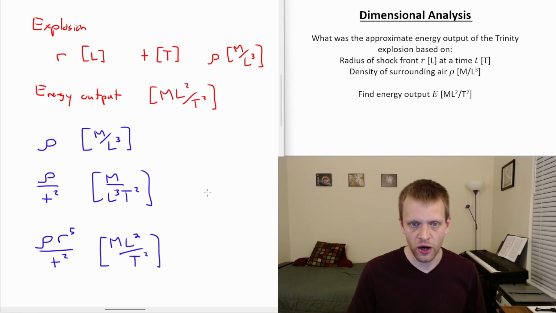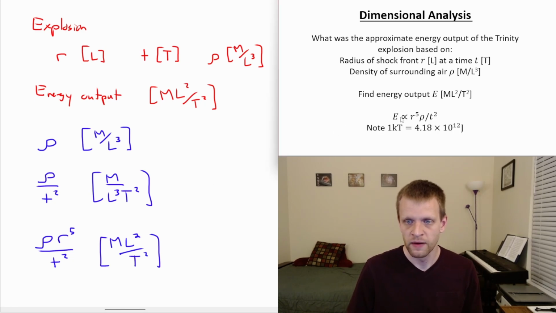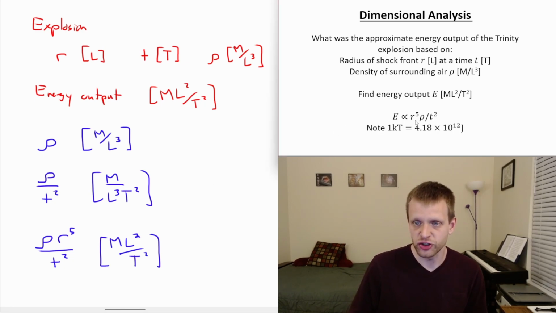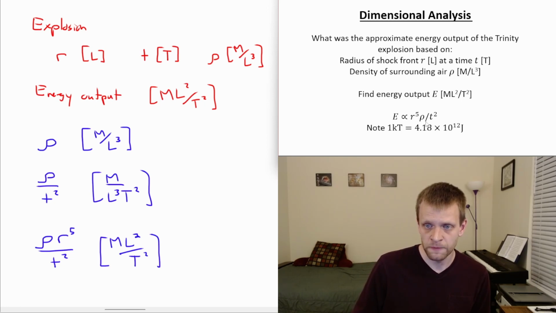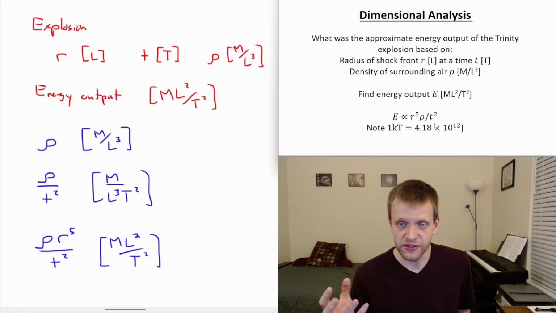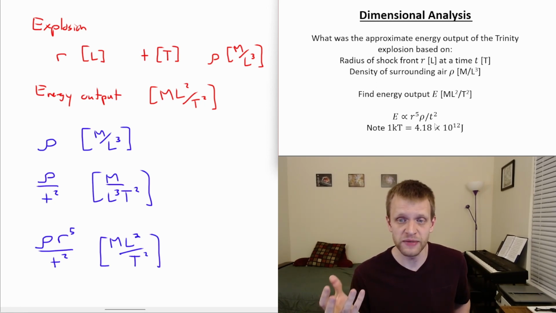So this combination of terms, the radius of that shock front to the power of 5 times the density of the air divided by the time squared, that should give us the approximate energy output.